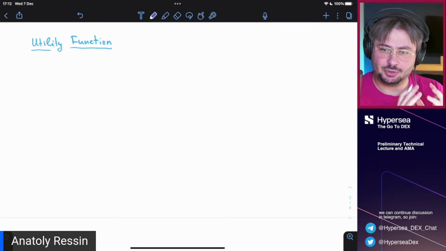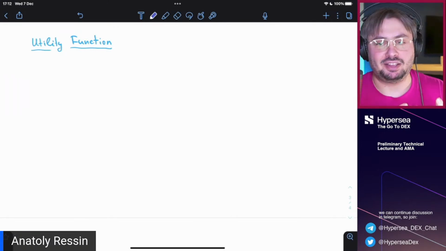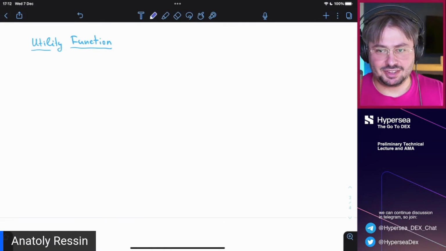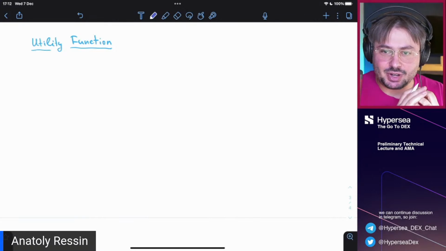To measure the utility: the more product he has, or the more money, or the more crypto he has, the happier he is. And let's try to measure it.